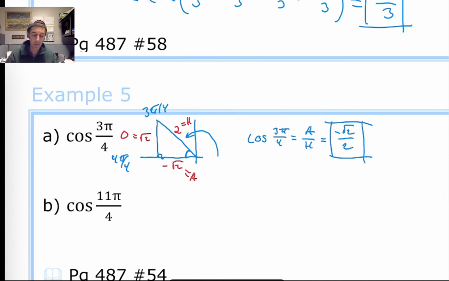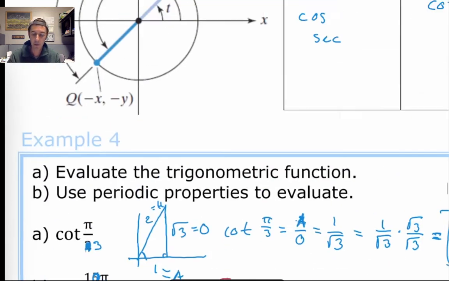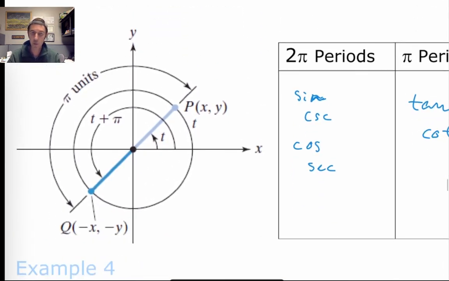The cosine of 11 pi over 4 is equal to the cosine of, I'm hoping it's 3 pi over 4 plus whatever the period of the cosine function is. And the period of the cosine function is 2 pi, says right here.